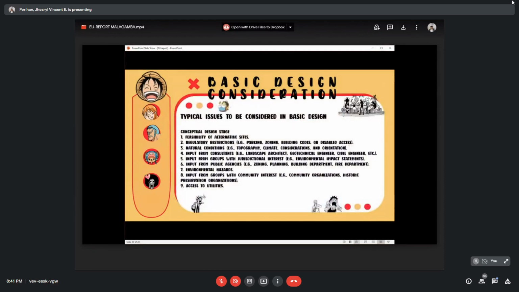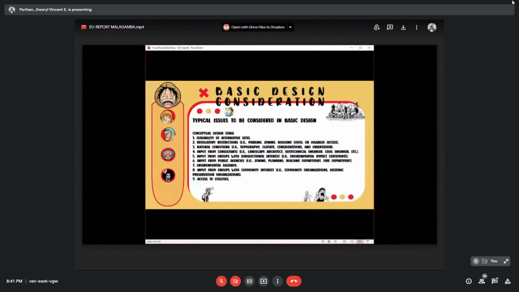So next is the basic design considerations. So we have typical issues to be considered in basic design. So in each stage, there are issues. So first is the conceptual design stage. First, feasibility of alternative sites.